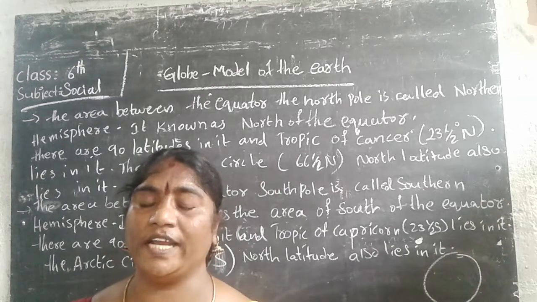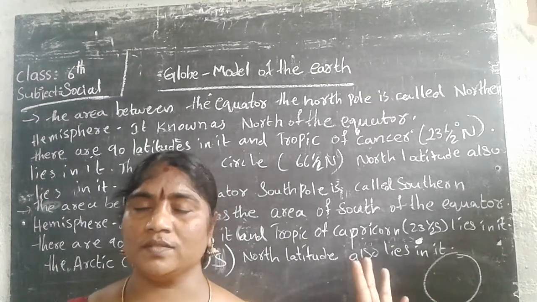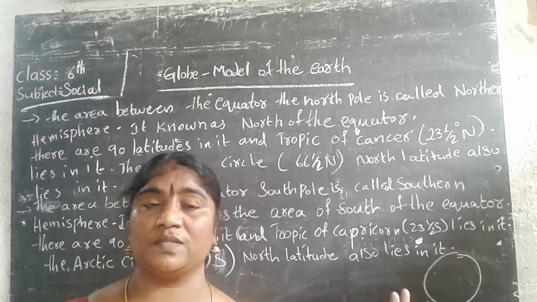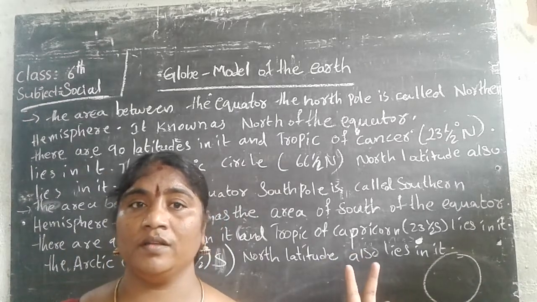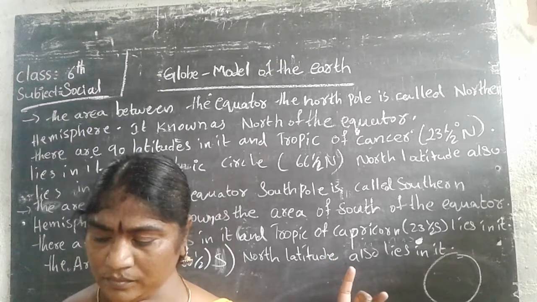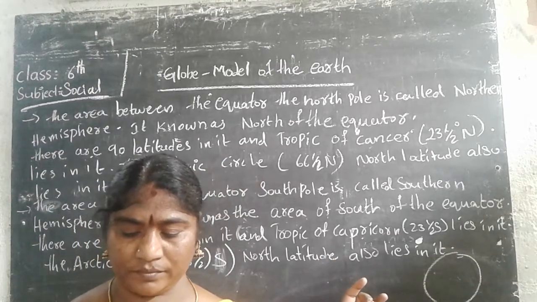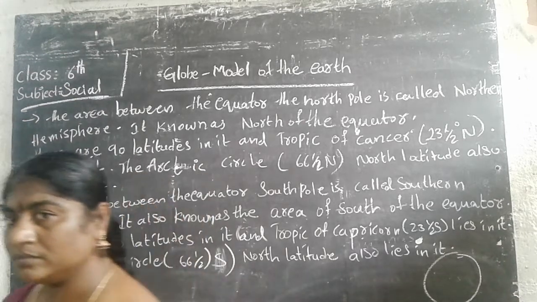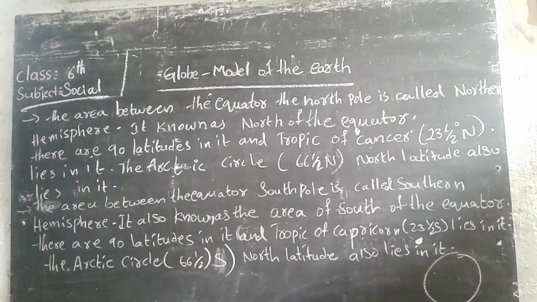These are the 7 continents. 7 continents, 4 oceans: Pacific, Indian, Arctic, Atlantic.